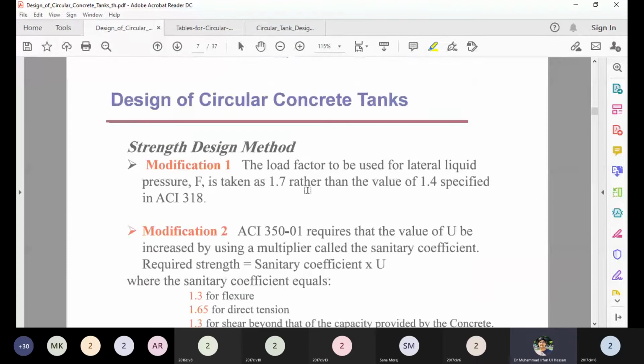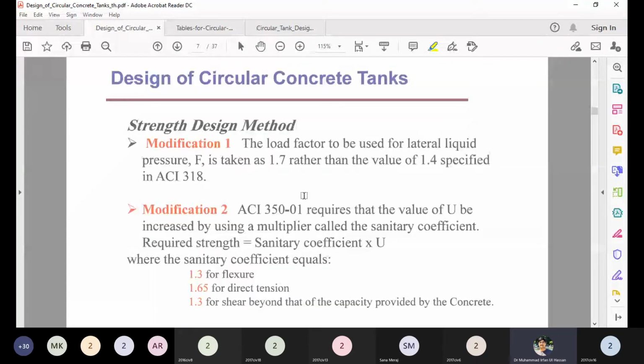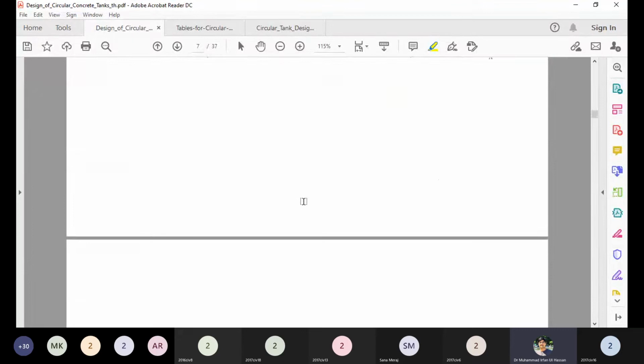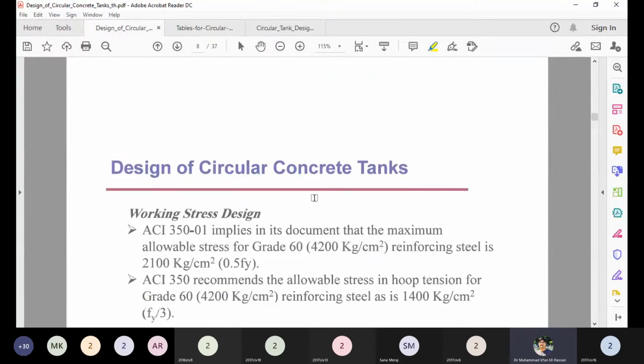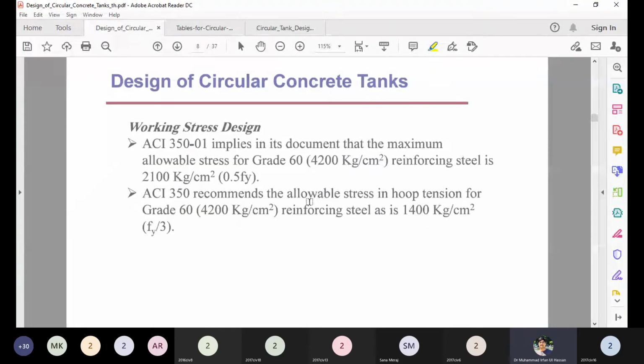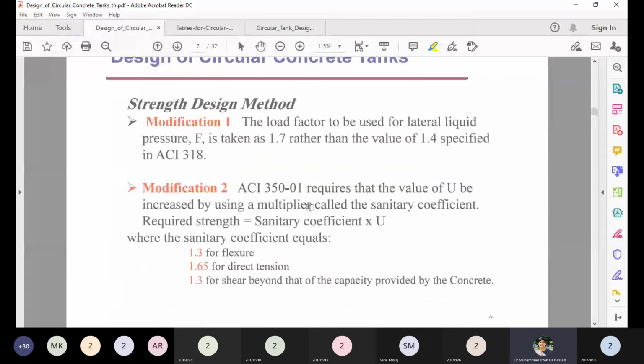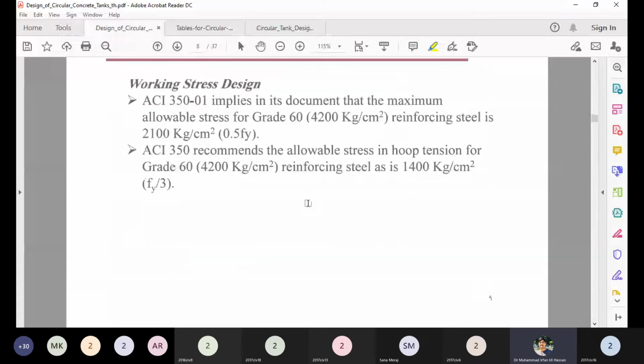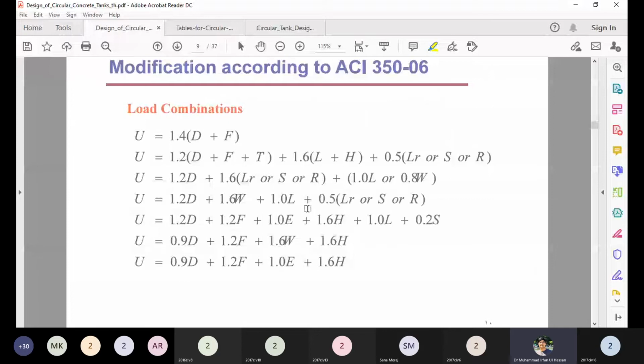So for computing the thickness, we can use the allowable stress and the working force, and for carrying out the design, we are using the ultimate strength and ultimate forces. These are the combinations for the design of the tank.